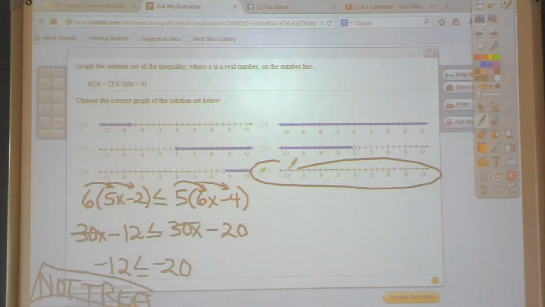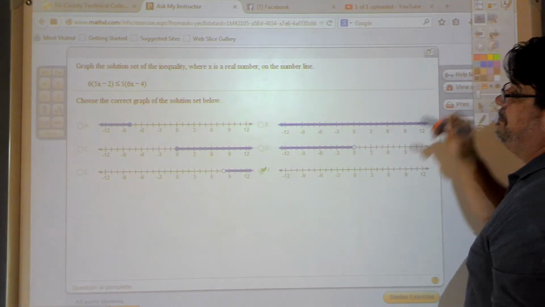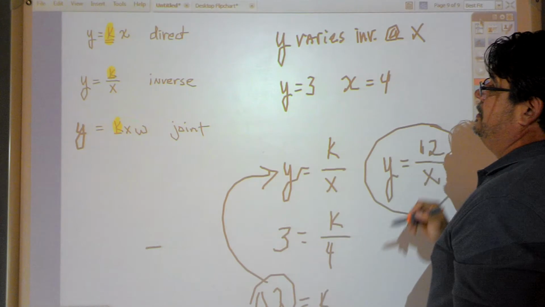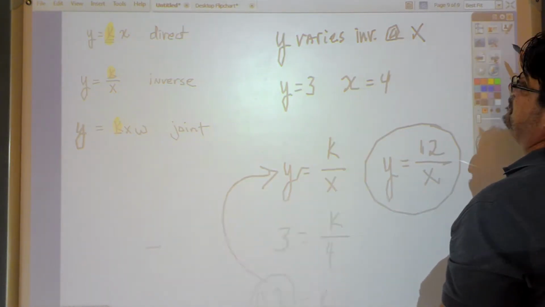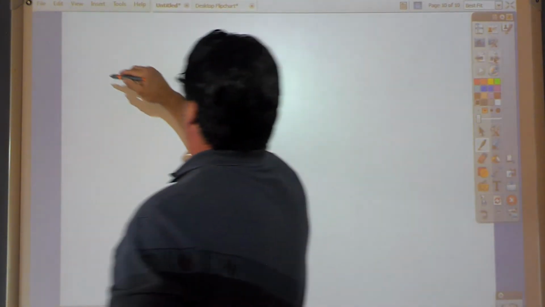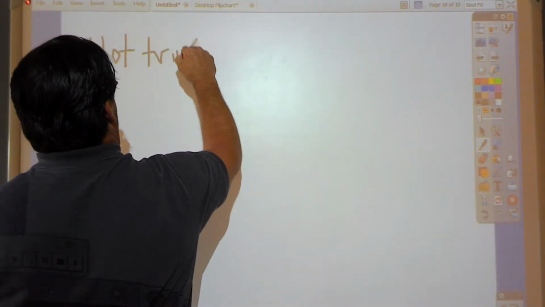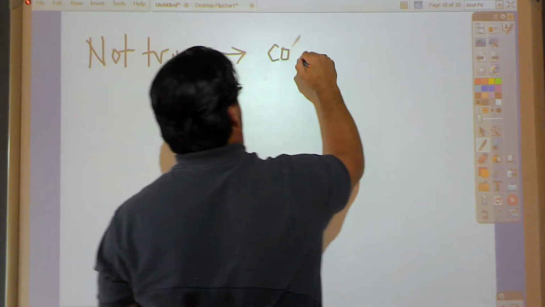Whenever you get something that is not true, write this down, and I've told you this before. If you get something that's not true, it falls under the contradiction. And the contradiction is no solution. That is what we call a contradiction.